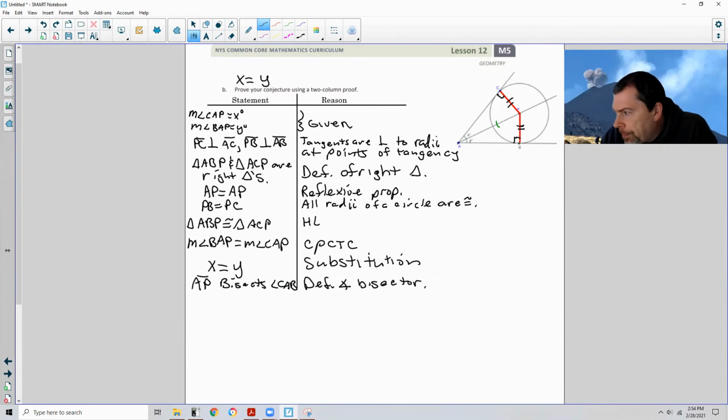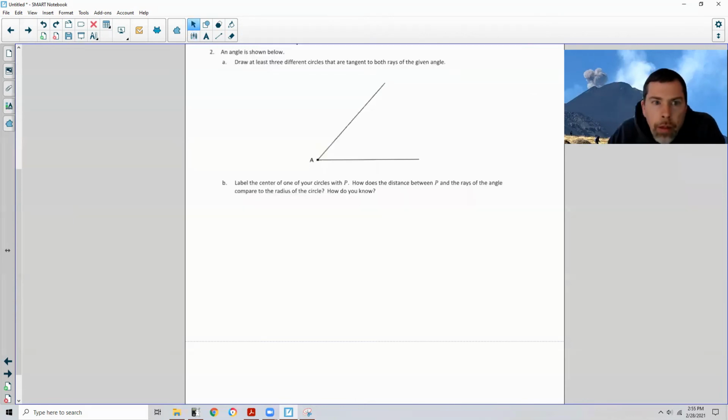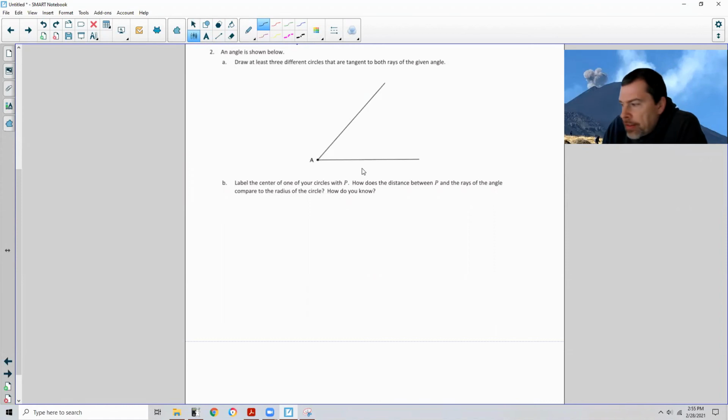Okay. All right, number 2. An angle is shown below. Okay, there's angle A. Draw at least 3 different circles that are tangent to both rays of the given angle. So if I want to draw an angle bisector, that'd be the first thing I would do. Okay, so I'll get my compass.